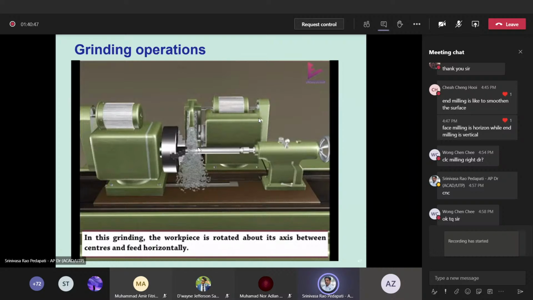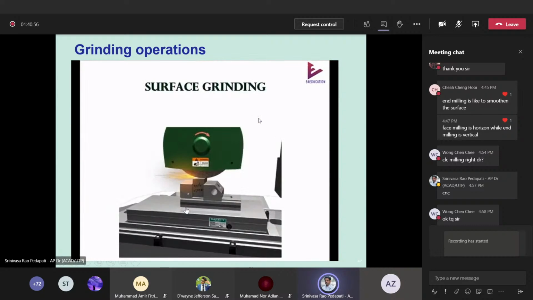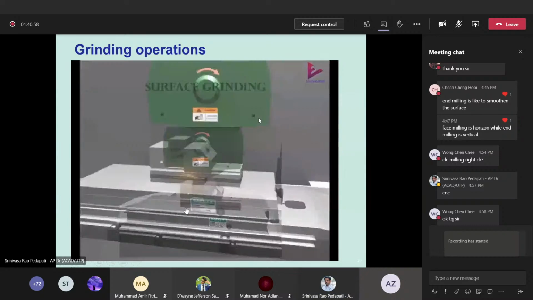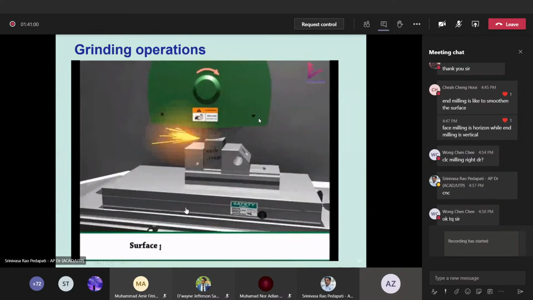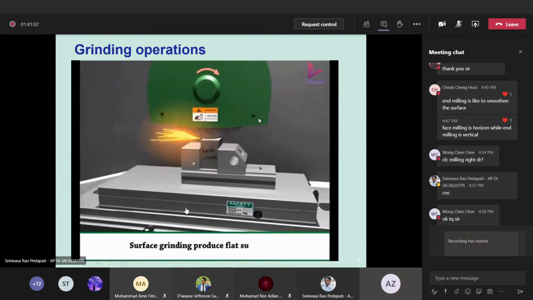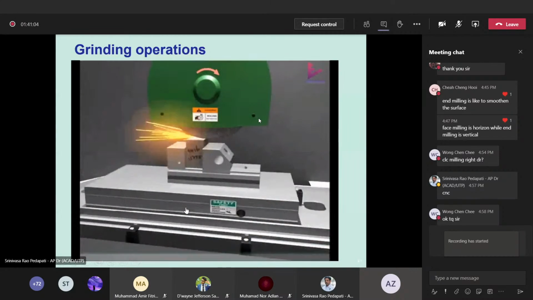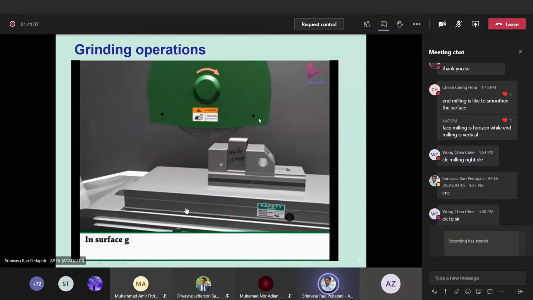So here the workpiece is held between the centers and it is fed horizontally. That means it is moving horizontally. In the surface grinding you see here, this is the grinding wheel, and we have the workpiece here. The workpiece is fed against the grinding wheel.